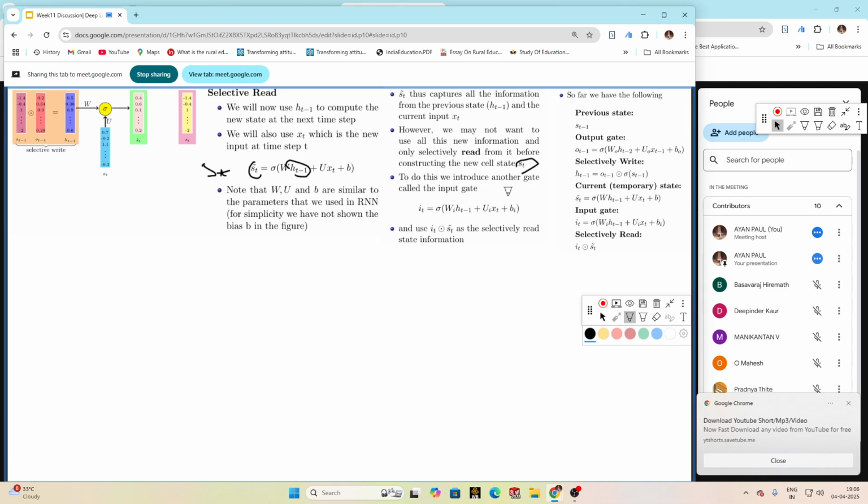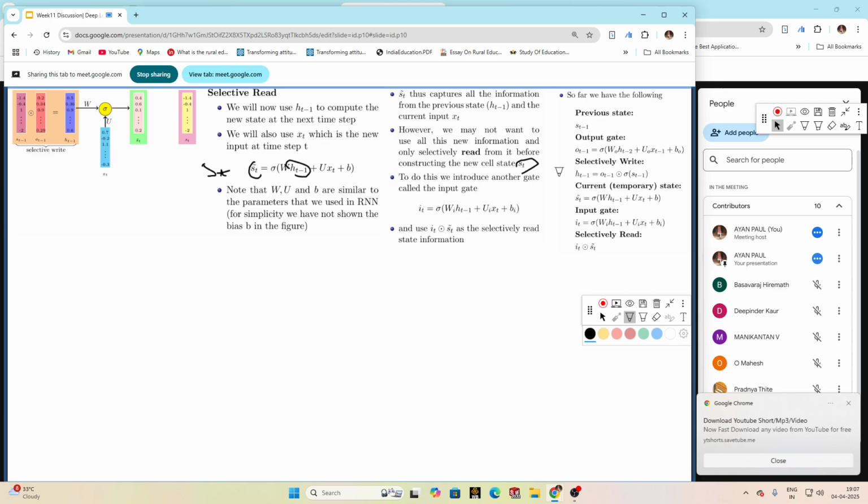If we construct s_t directly like this, we are not selectively reading. We are also interested in reading only some of the essential information. As you understood from the whiteboard analogy, first we write something, then we selectively read, and then we add the new thing.